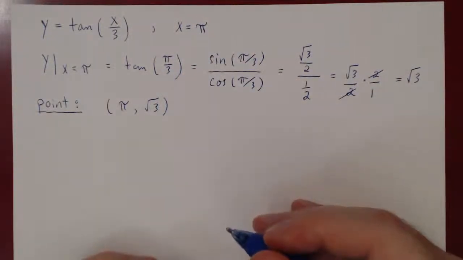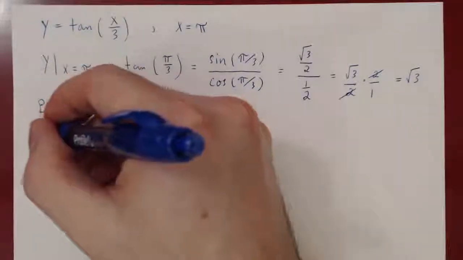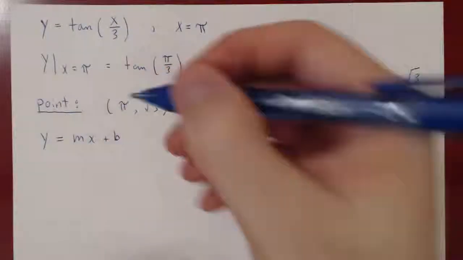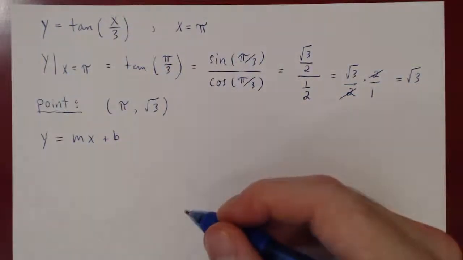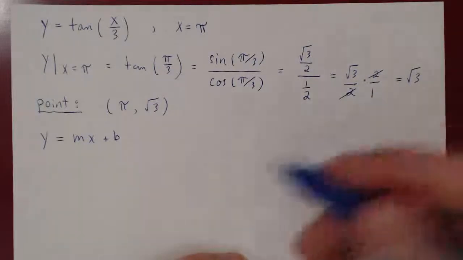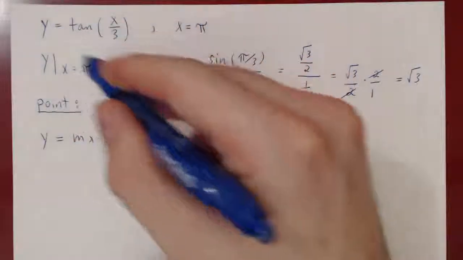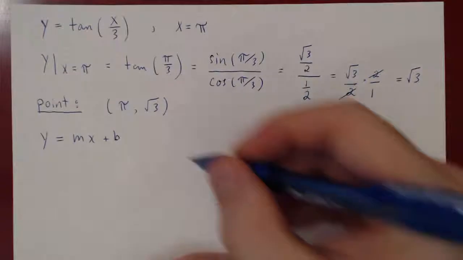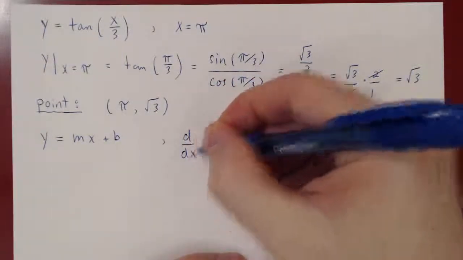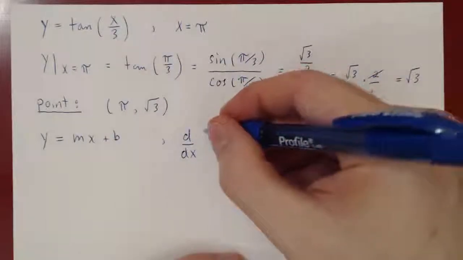Okay, so now we want the equation of the tangent line. Of course it's just a line, y equals mx plus b, and m is the slope. And if you recall, by definition, the derivative is the slope of the tangent line. So let's find the derivative of our function. We differentiate with respect to x the function tan of x over 3.